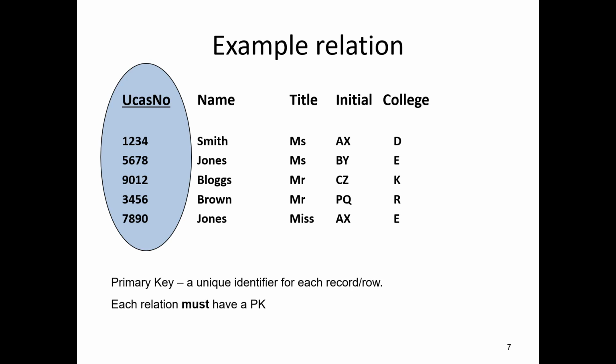So this has to be a unique identifier for each record or a row. That is, each relation must have this primary key, and without this primary key it will be impossible to locate that particular record.